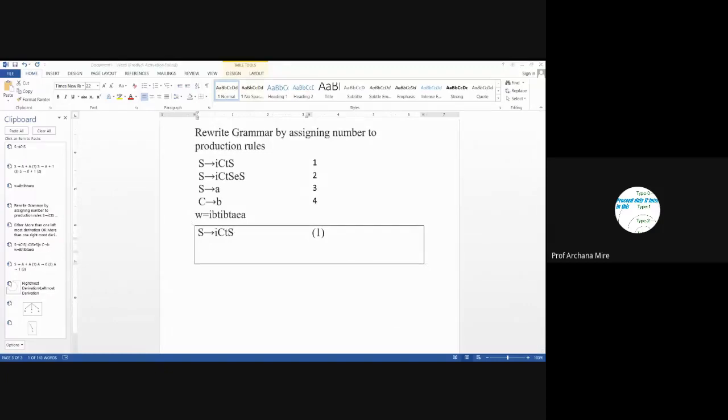Yes, please. Saurabh Bhandari, are you there? Saurabh, yes, you are there. So can you please answer why we are not applying a production rule on this symbol S? Why are we applying a production rule on this capital C?